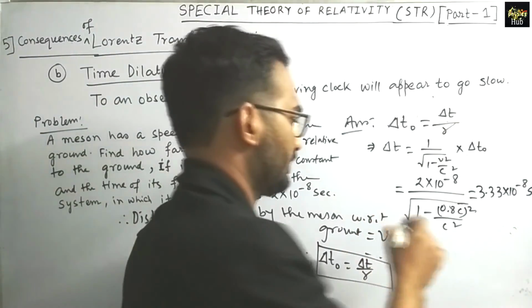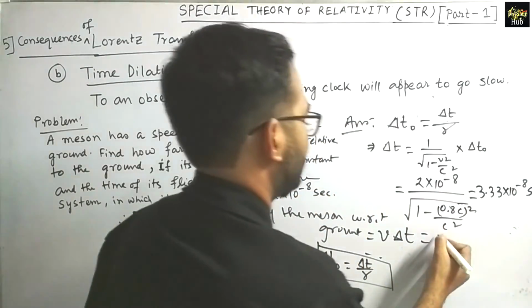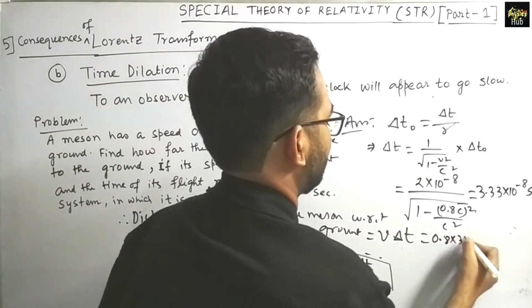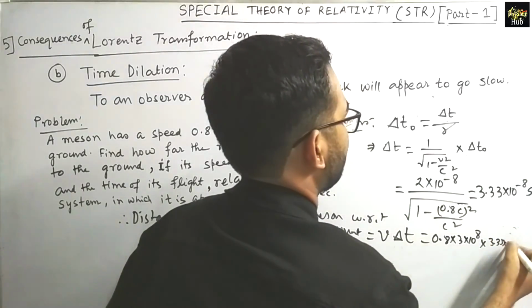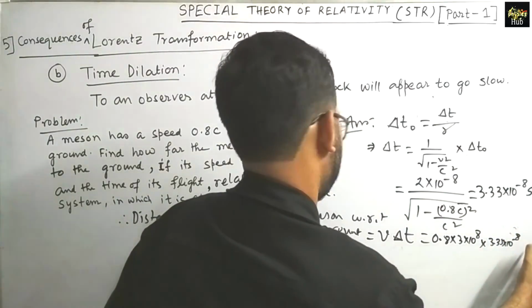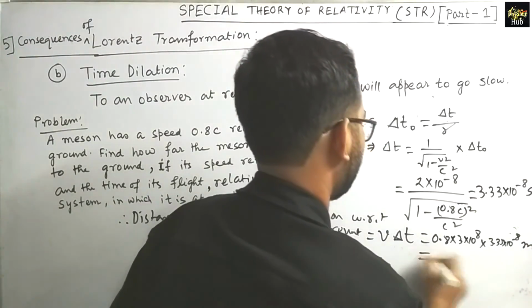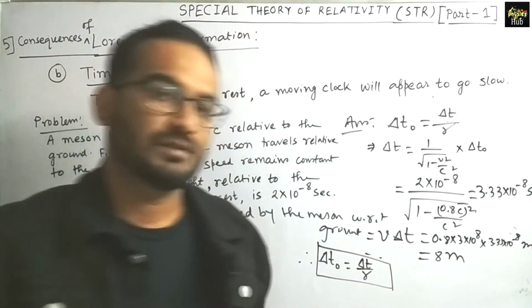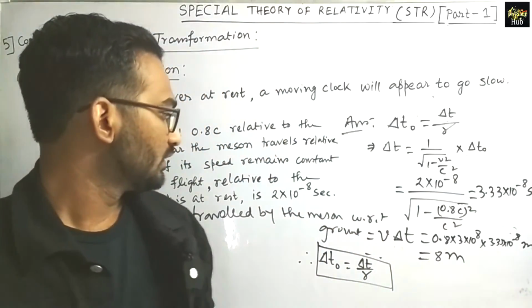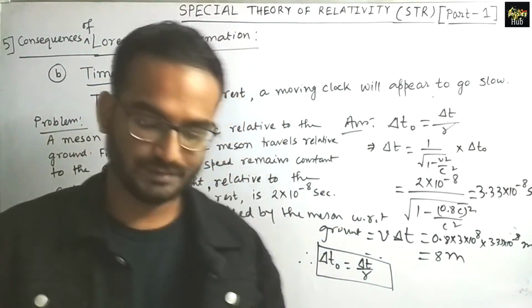So v is given to be 0.8 c, so 0.8 into 3 into 10 to the power 8 meter per second into this 3.33 into 10 to the power minus 8. If you calculate, it will come to 8 meters. So that's the answer.